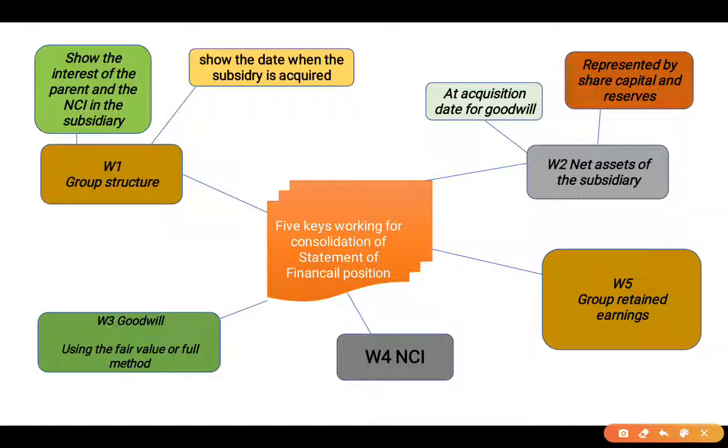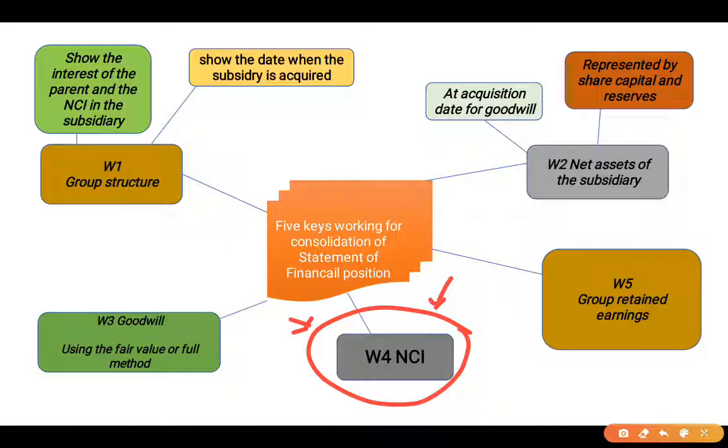Having looked at goodwill, we'll move to the next item, which is the non-controlling interest. The non-controlling interest is also a vital point that we need to understand. Like I've said earlier, the non-controlling interest is also part of the owners of a business.